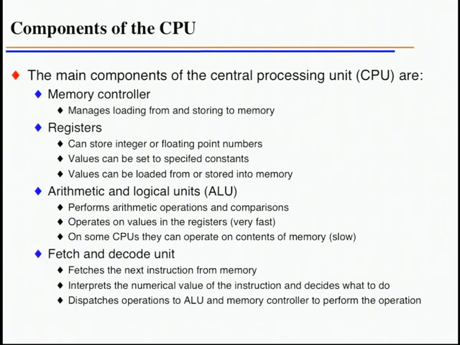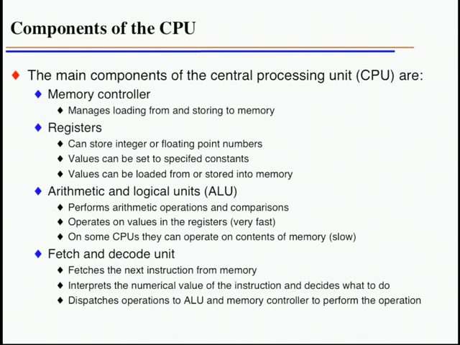And then there's the fetch and decode unit, which gets the next instruction from memory. It interprets the instruction and depending on the value of that instruction, it decides what to do next, and then gives the instruction to one of the parts of the execution unit that can do something with that instruction.